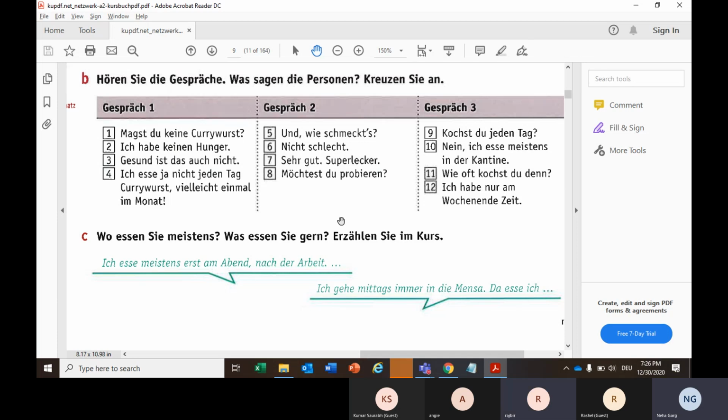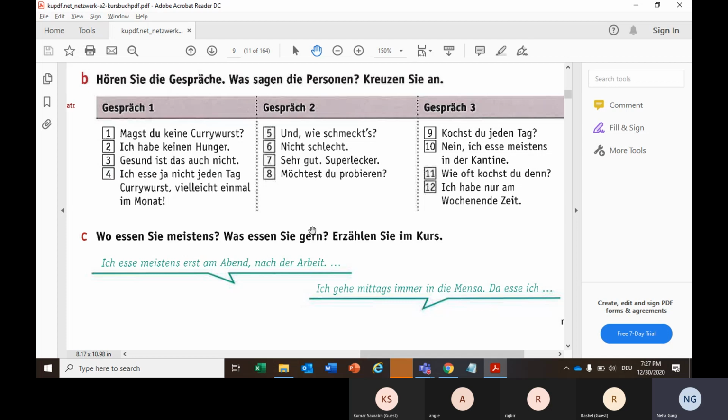Ich esse Suppe in einer Market. Okay. So you answered that already, I guess, that you eat soup in the market mostly. Yes. Okay.